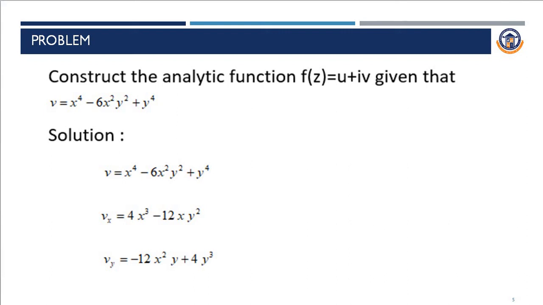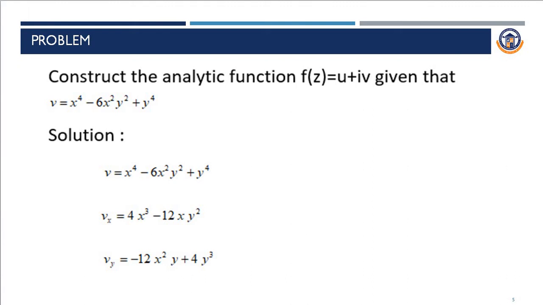After that, you have to find Vy, that is differentiate V partially with respect to y. The first term is x power 4. So x power 4 is a constant term with respect to y, so the first term will be 0. Then differentiate the second term, minus 6x squared y squared. Here y squared is the only variable.